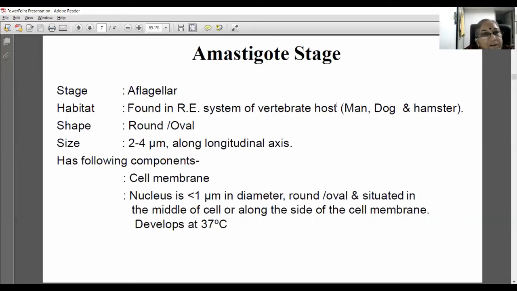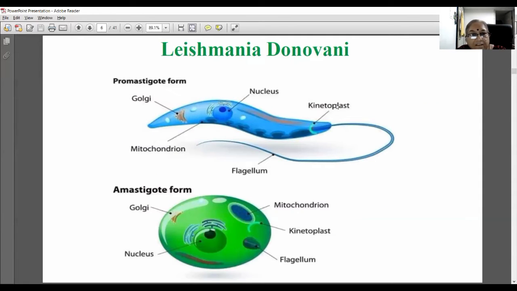The size of the mastigote is 2 to 4 micrometers along the longitudinal axis and it has a cell membrane and a nucleus, which is less than 1 micrometer in diameter, round or oval, and situated in the middle of the cell or along the side of the cell membrane, and this develops at 37 degrees. You can see the nucleus, Golgi apparatus, mitochondria, kinetoplast, and flagellum, which is not protruding but is inside the cell.